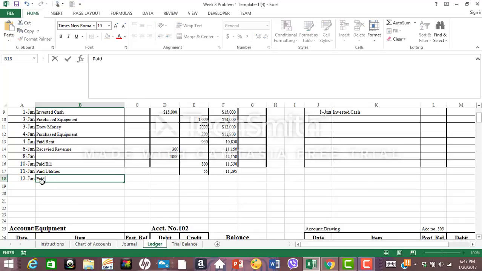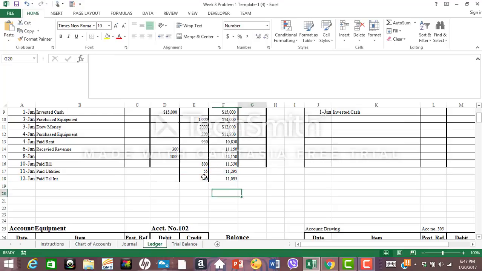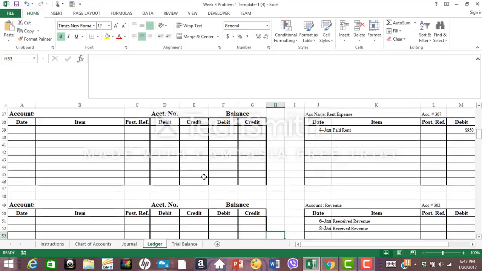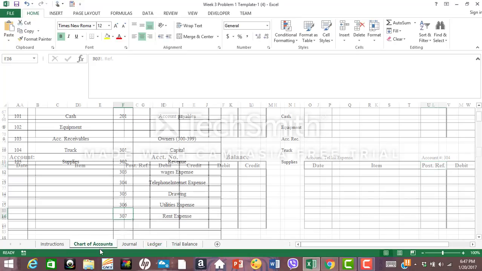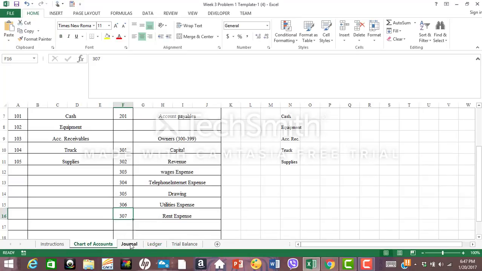Paid telephone internet for $200. So the new balance is this minus this, $11,095, and then we add another account here, which is telephone internet expense, which is 304. I believe it was 304. 304, yes.